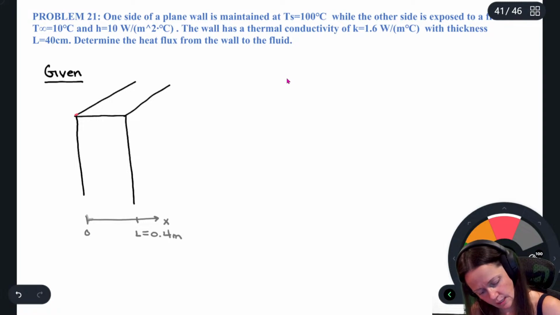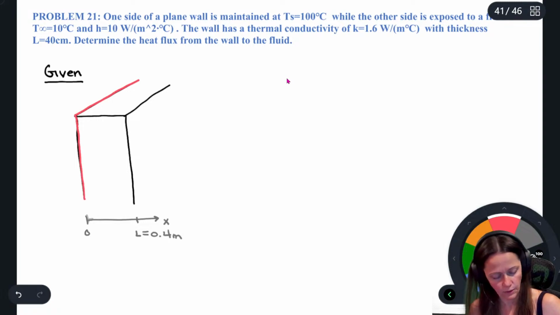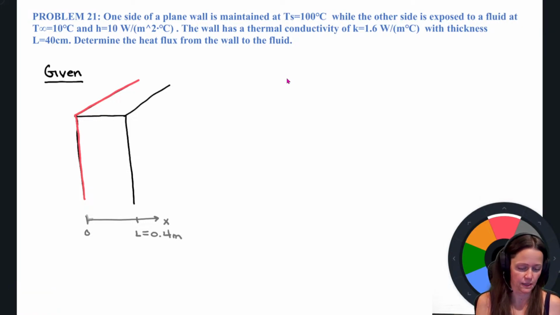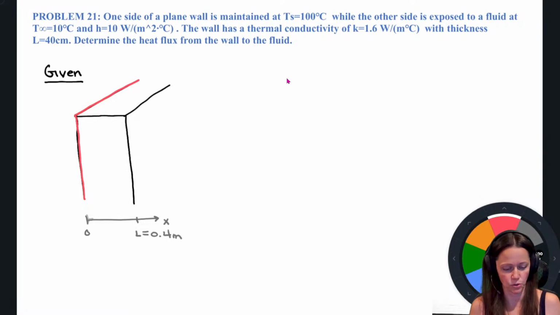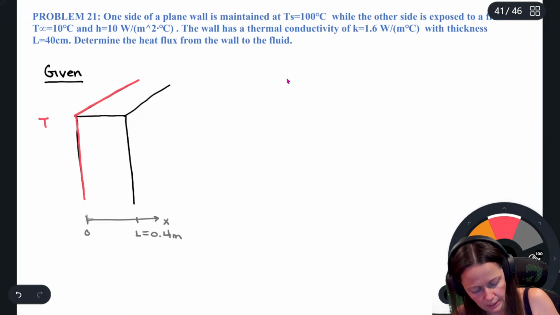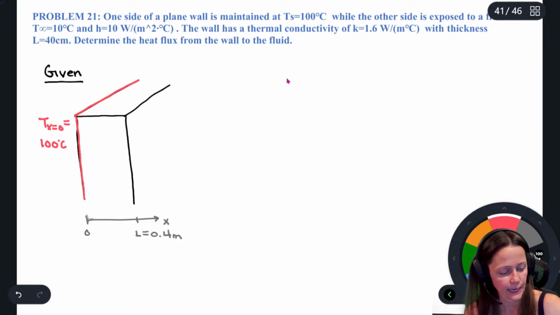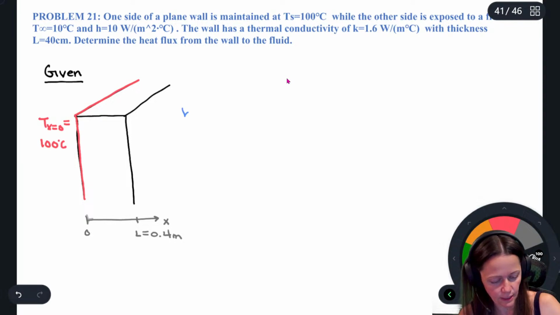On the left-hand side, I'm not going to write T_s because then it's unclear which surface we're talking about, since there are two of them. Let's just call it T at x equals 0. That's 100 degrees Celsius.